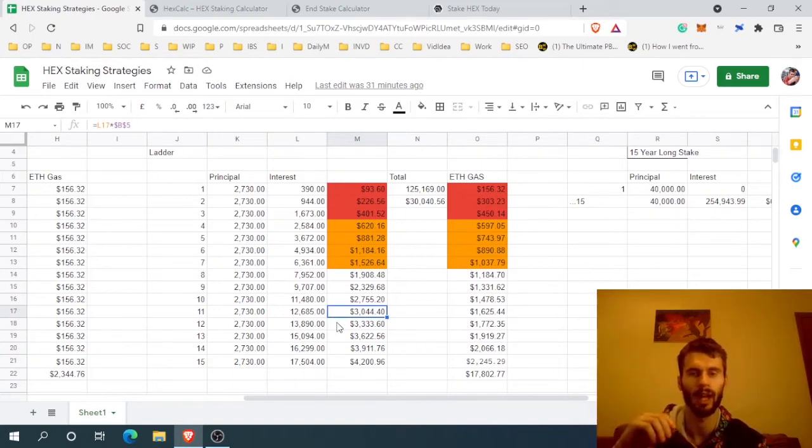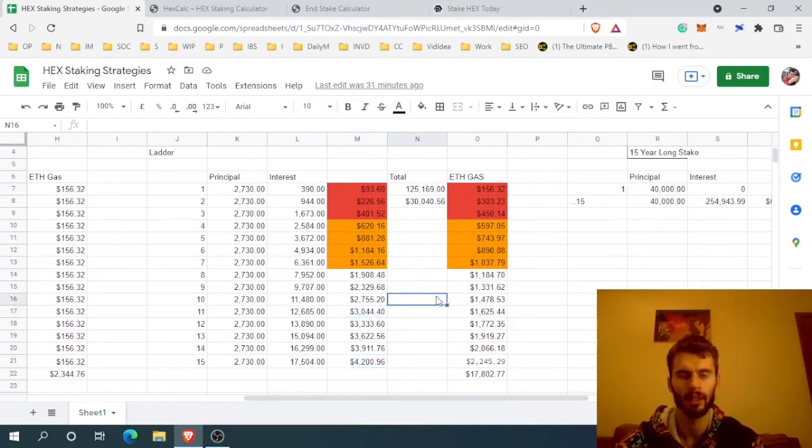And this way you would have basically a never-ending ladder of 15-year-old stakes that pay the most. And yeah, that's definitely a good financial idea, I guess, as eventually you would have these insane long stakes ending every single year after 15 years.